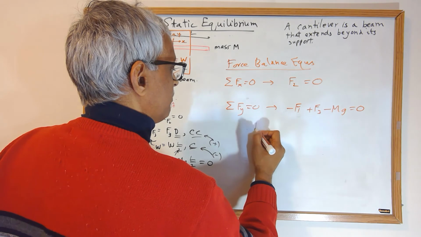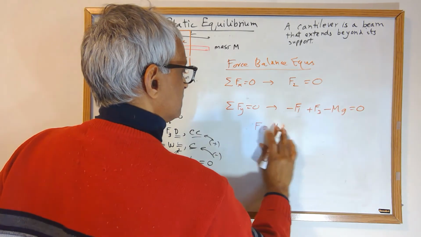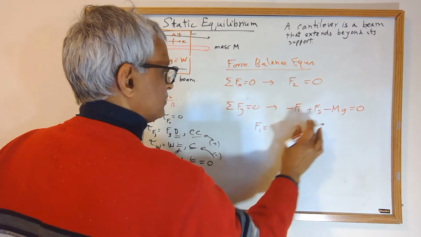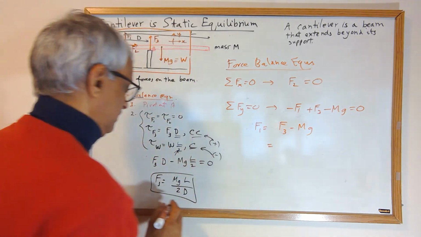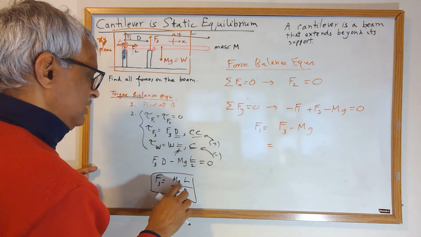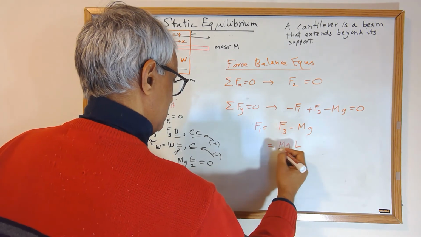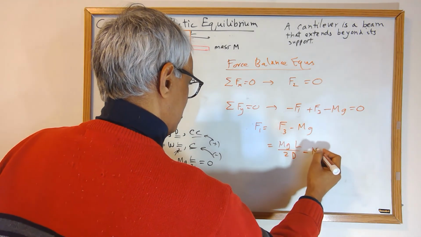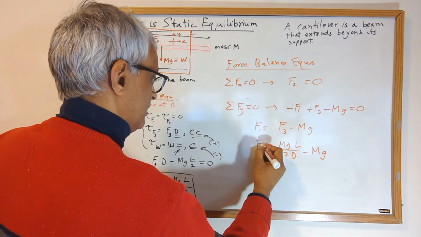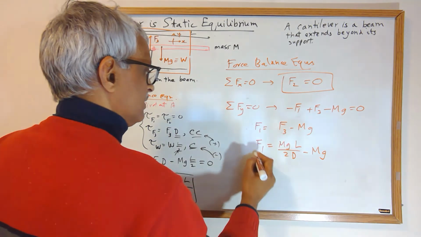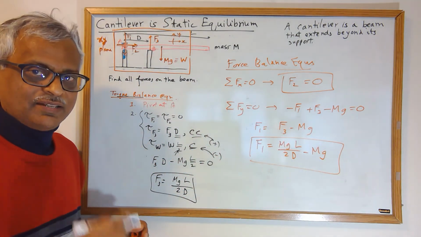Bringing F1 over to that side, I have F3 minus mg. F3 is mg L over 2d, so F1 is mg L over 2d minus mg. So we got F2, F1 and F3. That solves this problem.